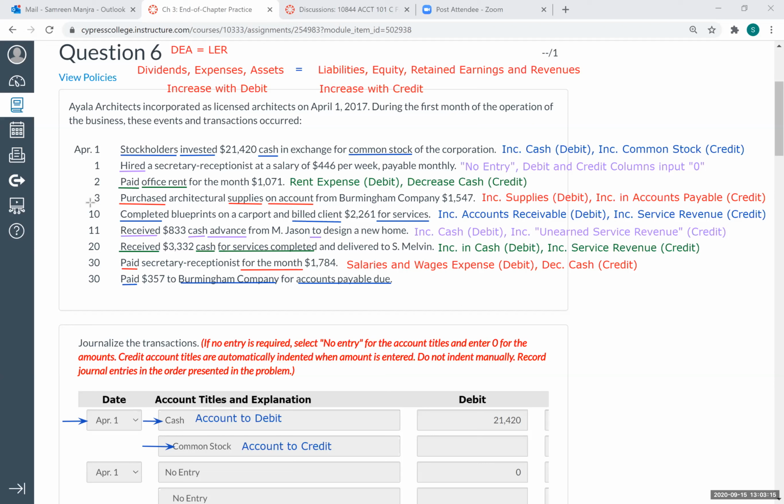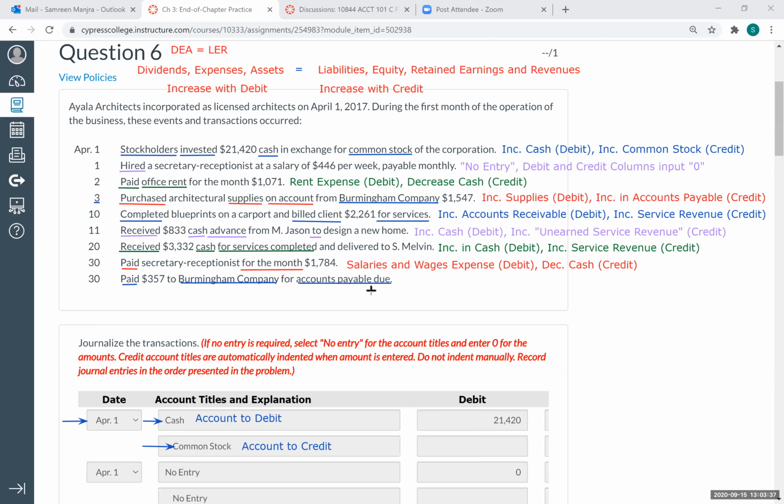And you'll notice that all the way back on April 3rd, the company had purchased supplies from Birmingham Company. So in this transaction, we're not buying the supplies again. All we're doing is we're paying off the amount that is due.